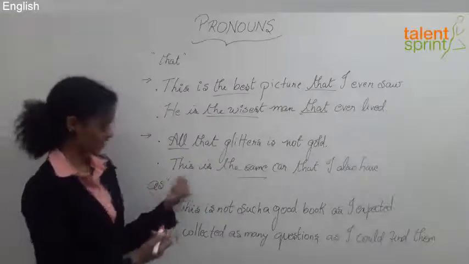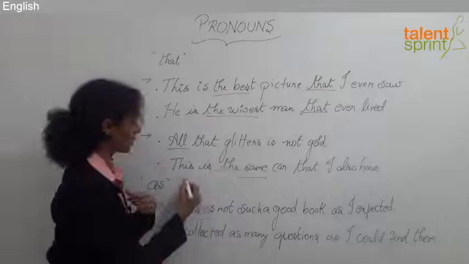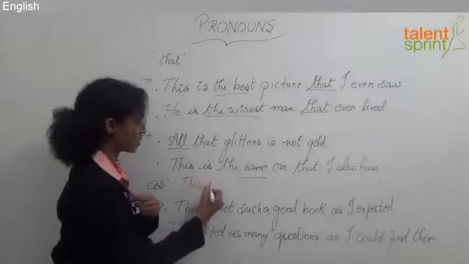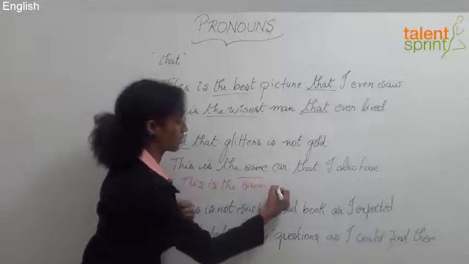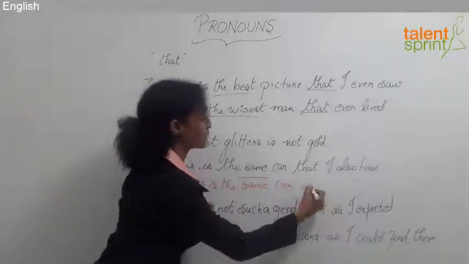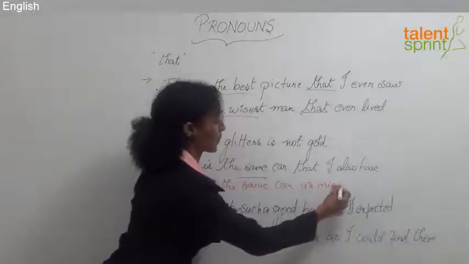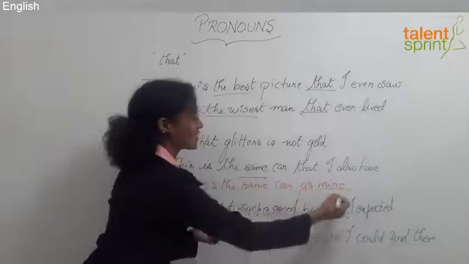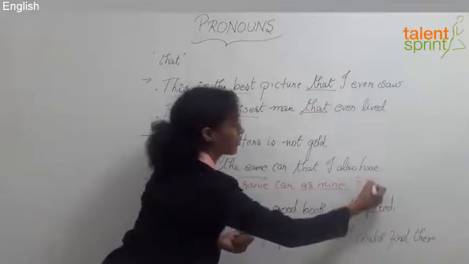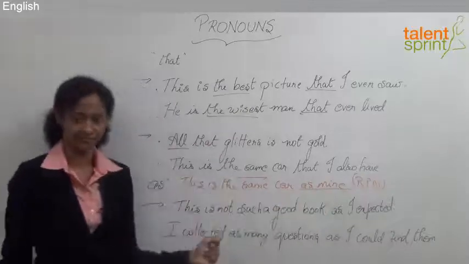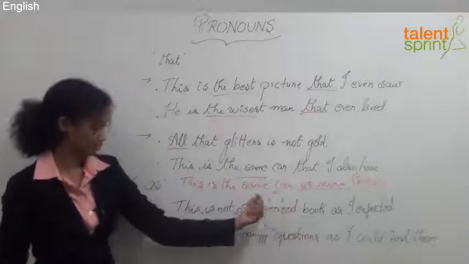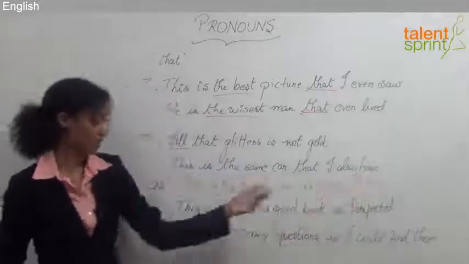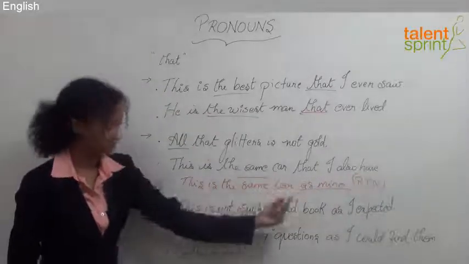For example, I can change the same sentence to say, this is the same car as mine. So here, as mine is my relative pronoun, where the verb is not expressed but it's understood. I don't have a verb after this, right? So this is the same car as mine.